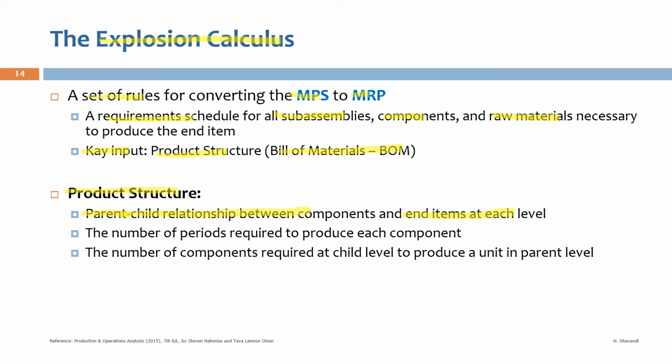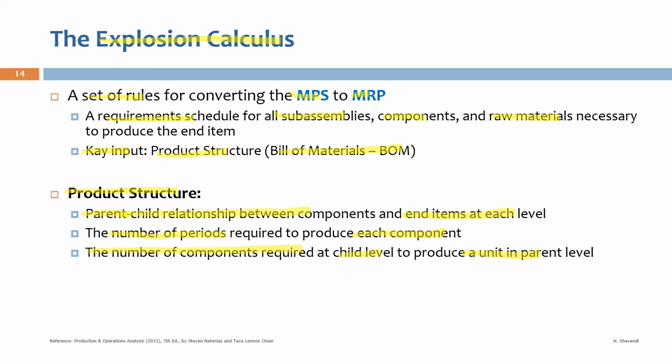So the top level will be the parent of the lower level items. Okay, and then we will mention the number of periods required to produce each component, and also the number of components required at the child level to produce a unit at the parent level.